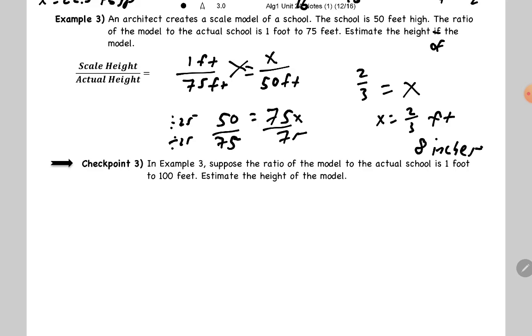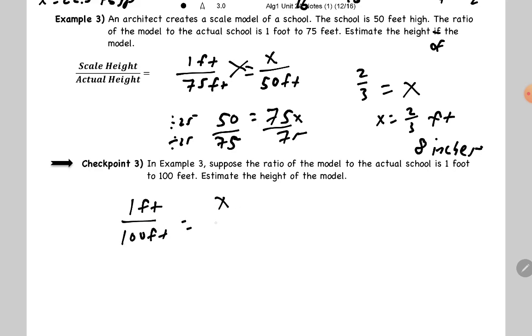In example 3, suppose the ratio of the model to the actual school is 1 foot to 100 feet. So estimate the height of the model. So this time they're changing the scale. 1 foot is 100 feet actually.